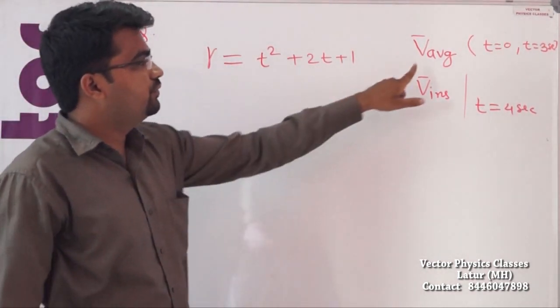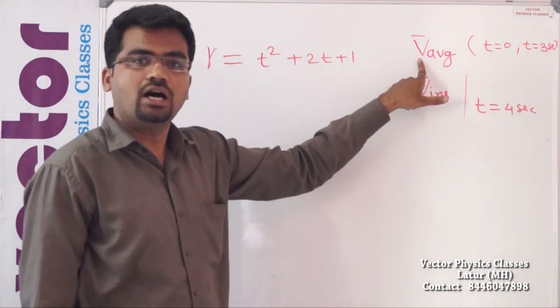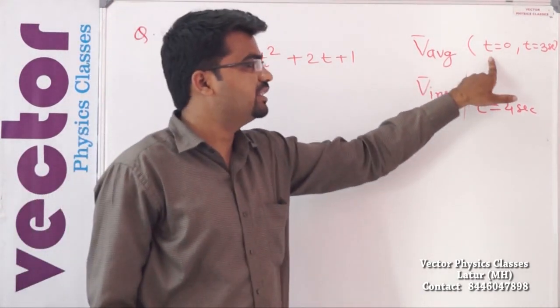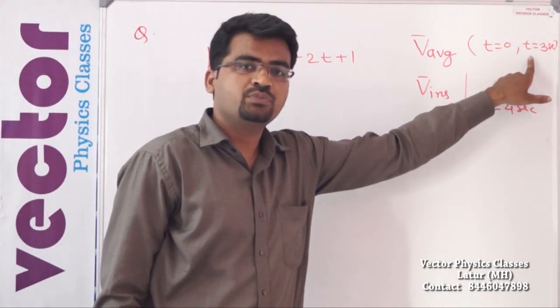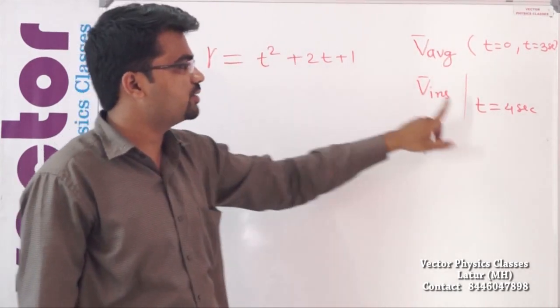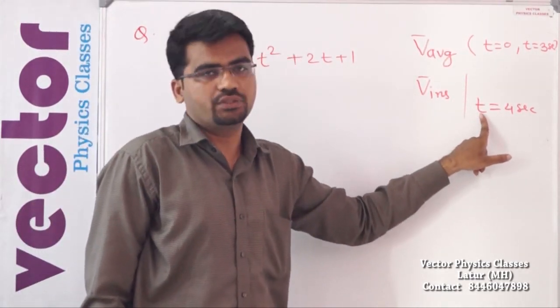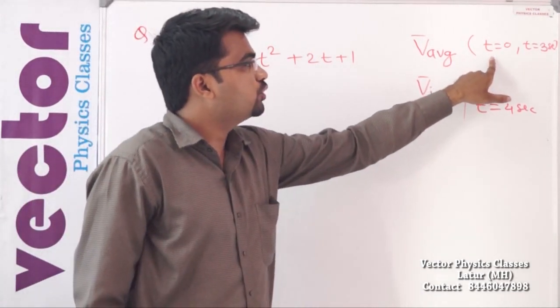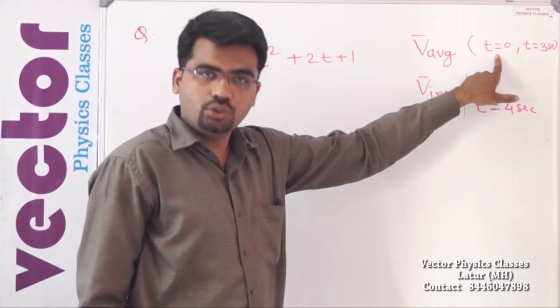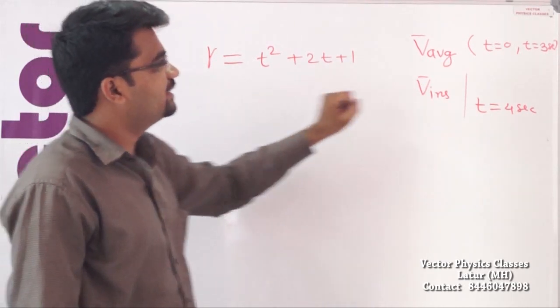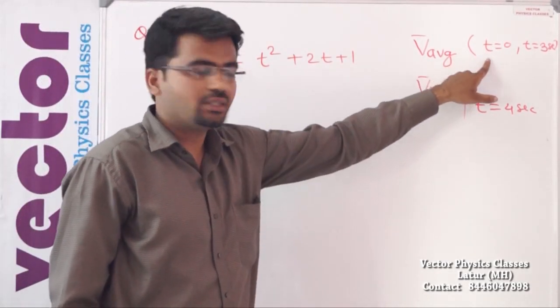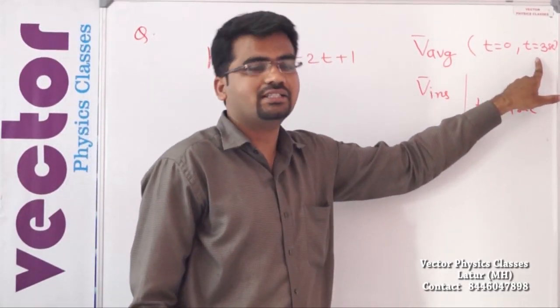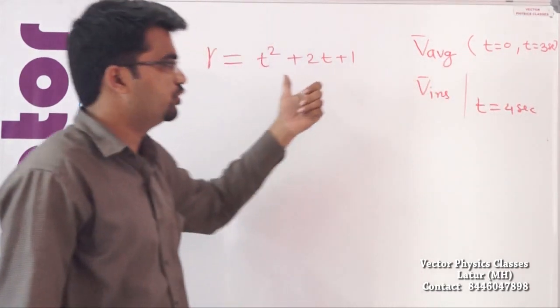If we know the position of the particle at t equal to 0, we can calculate the initial position, and at t equal to 3 seconds we can calculate the final position.